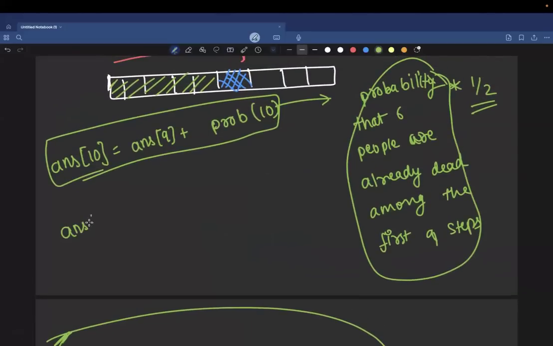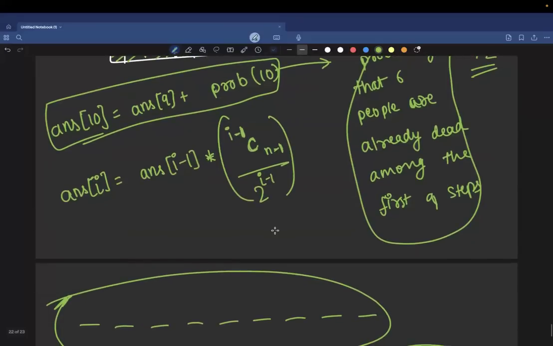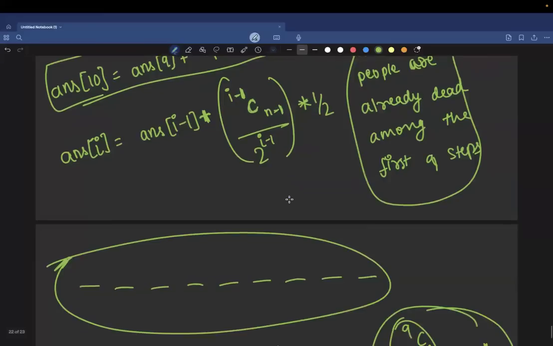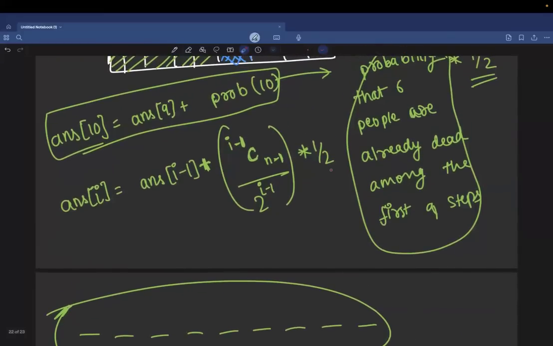So my formula came out to be something like answer of I is equal to answer of I minus 1, plus, among the I minus 1 steps, choose any of the n minus 1 steps where n minus 1 people will die, divided by 2 raised to the power I minus 1, that is the total possible combinations of a person dying or not dying and so on, multiplied with 1 by 2, because if 6 people were dead among the first 9 steps, then for the 7th person to die there is a 1 by 2 probability of that happening.